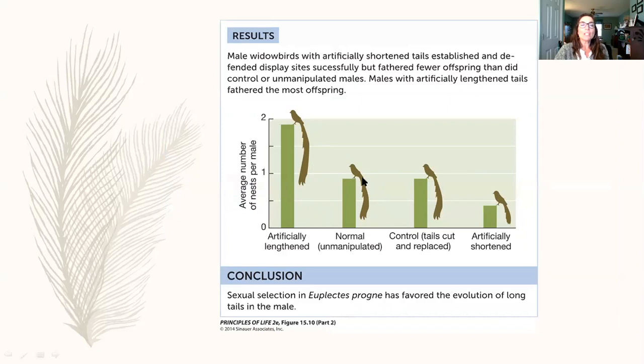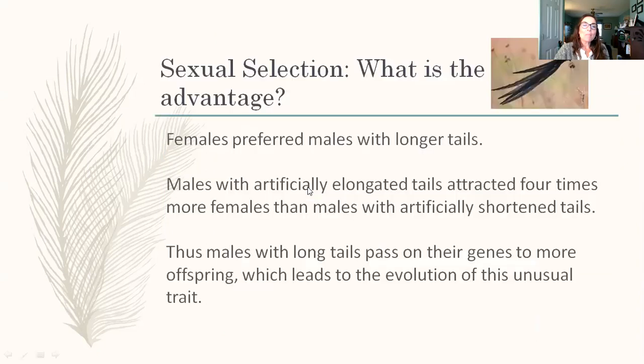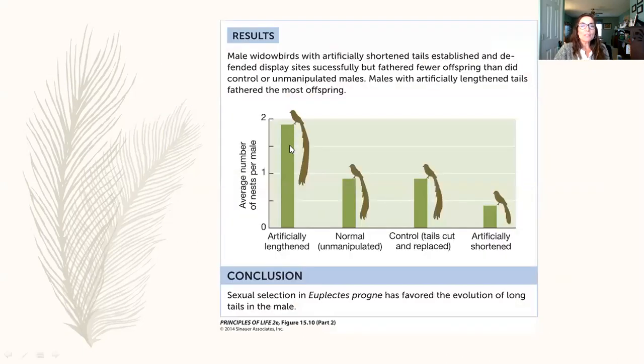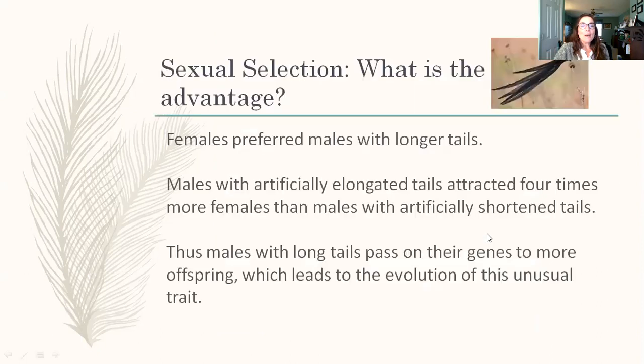And then they looked at how many nests each male had with other females on average. They found that the males with artificially elongated tails attracted 4 times more females than the males with the artificially shortened tails.